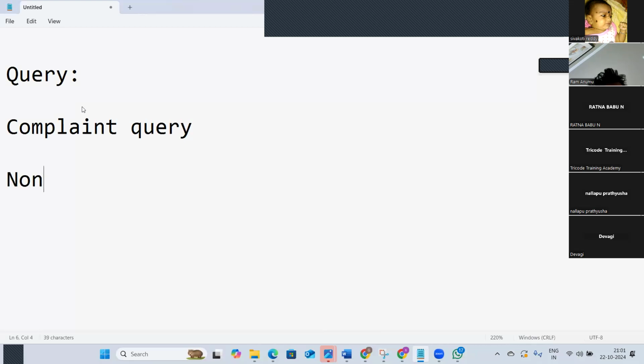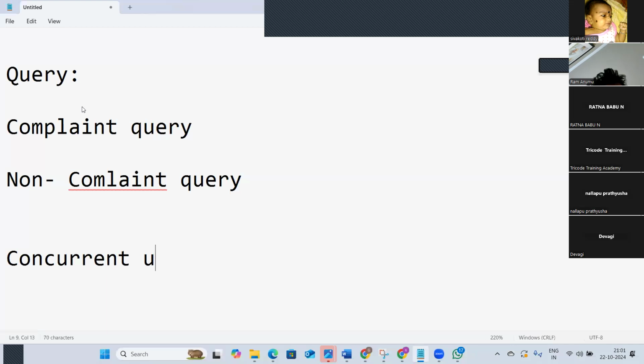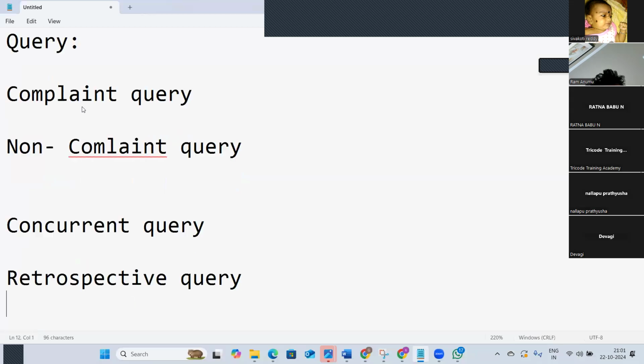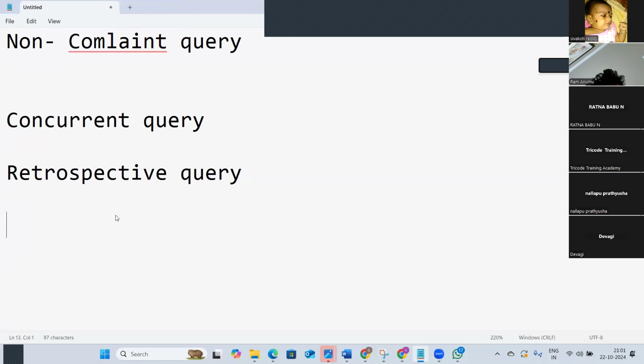Compliant and non-compliant first. One more thing: concurrent queries. What is a concurrent query? Retrospective query. Remember, right? What is concurrent, what is retrospective? Compliant, non-compliant, concurrent, retrospective.